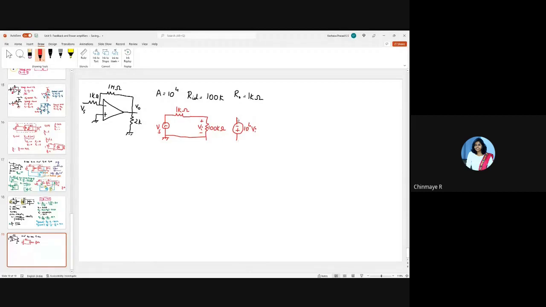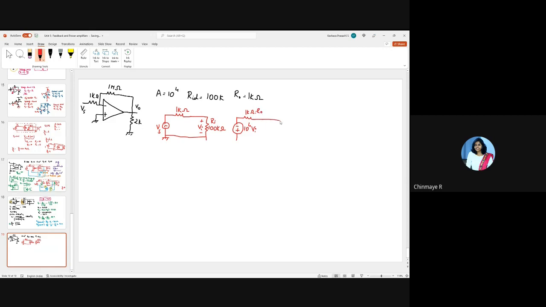Okay. And then R naught here. R naught is 1 kilo ohm. This is RID. So this is R naught, which is 1 kilo ohm.